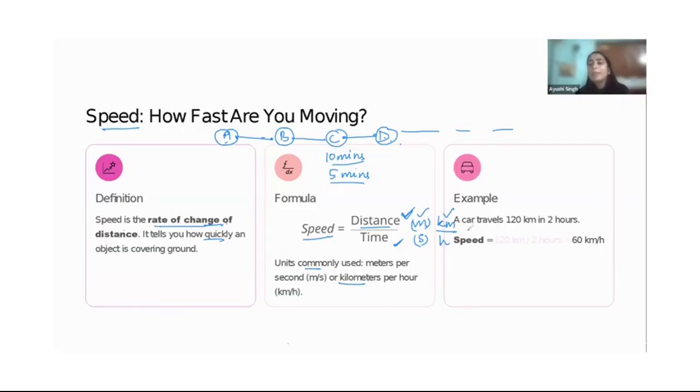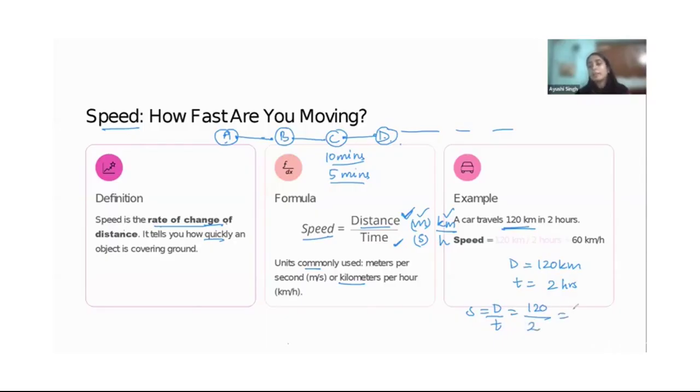Now, one example would be, let's say a car travels a distance of 120 kilometers, and time is given as 2 hours. So what will be the speed? Distance upon time, that will be 120 kilometers upon 2 hours.